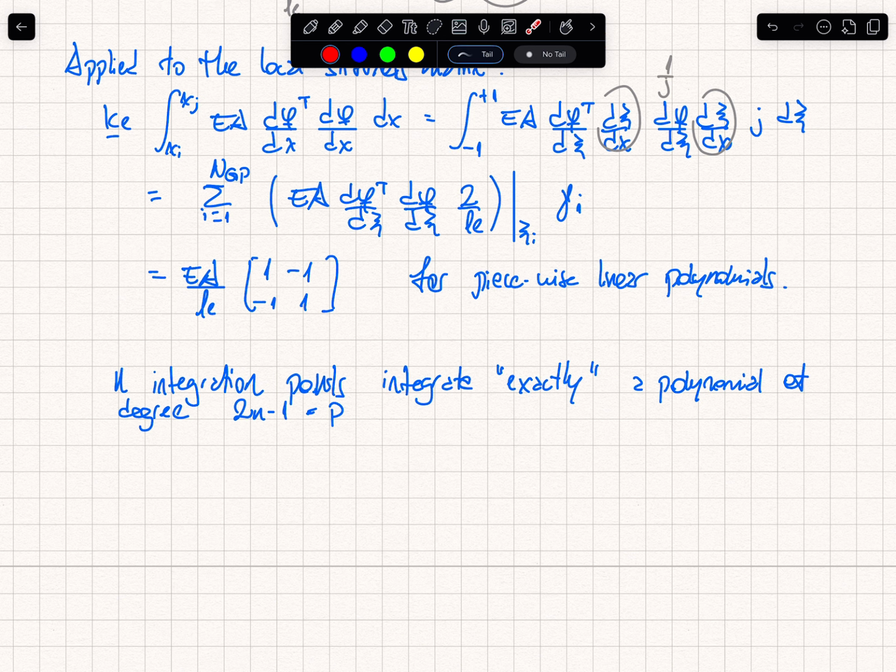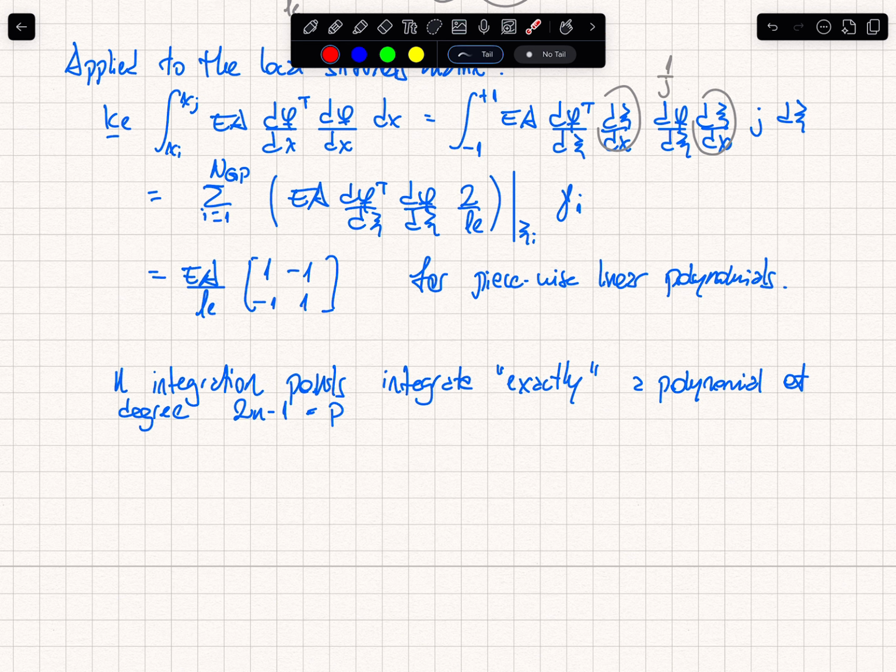And this is what I want you also to experiment with. In the first exercise of the project, I give you a function that you have to integrate. It is not a polynomial function, it is a rational function, and a rational function cannot be integrated exactly. So you start wondering, how many Gauss points do I use?